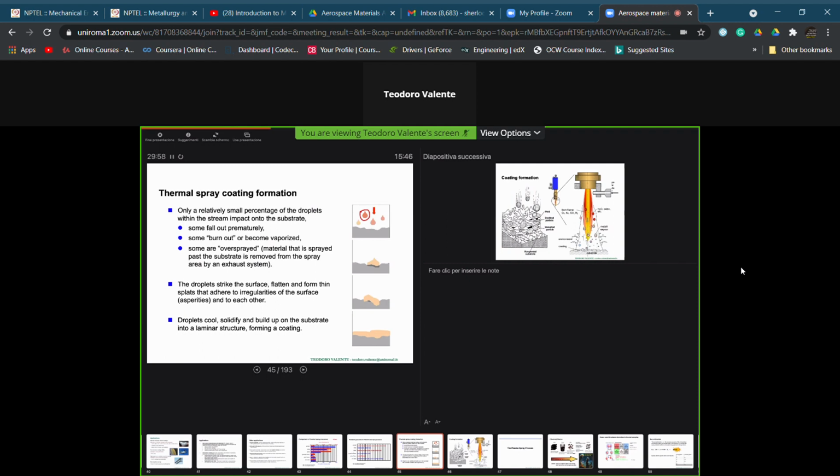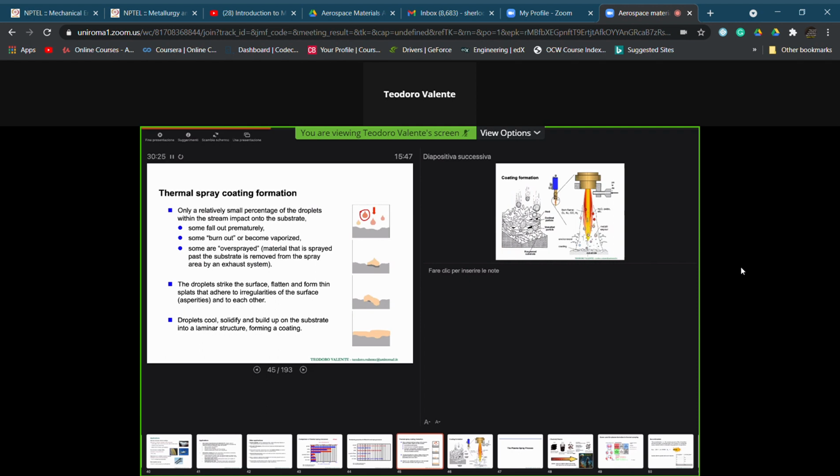Then it can also be a plasma plume. The particles are injected, as we saw in the general scheme, and these particles are traveling inside the plasma plume, or inside the plume itself, not for hours, but for fractions of seconds, due to the high velocities.